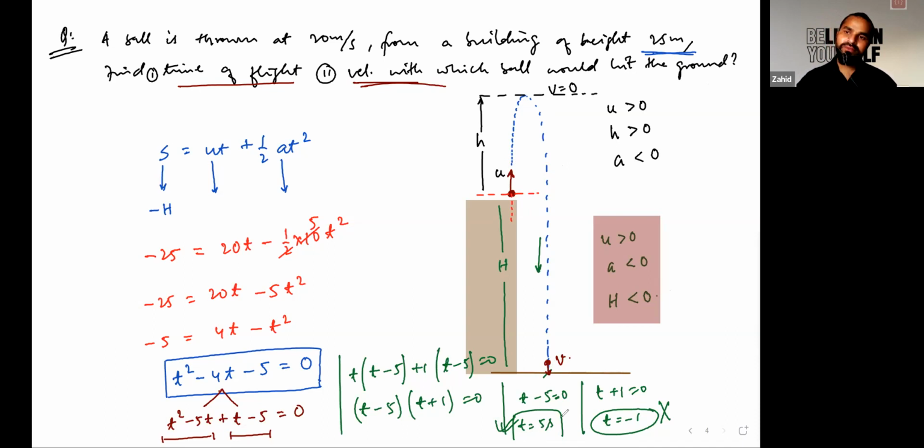Put all these values in the first equation of motion and try to solve for v. Good. Now it's correct.